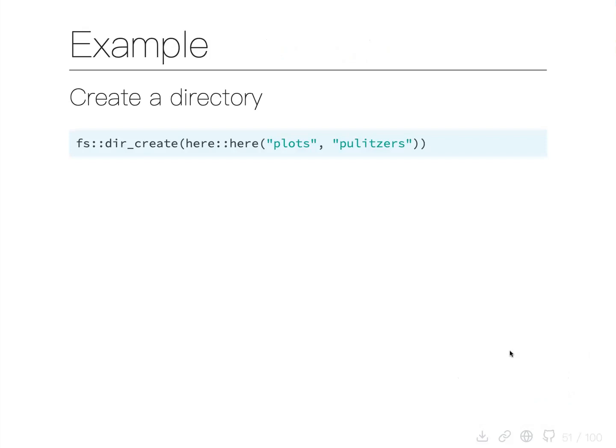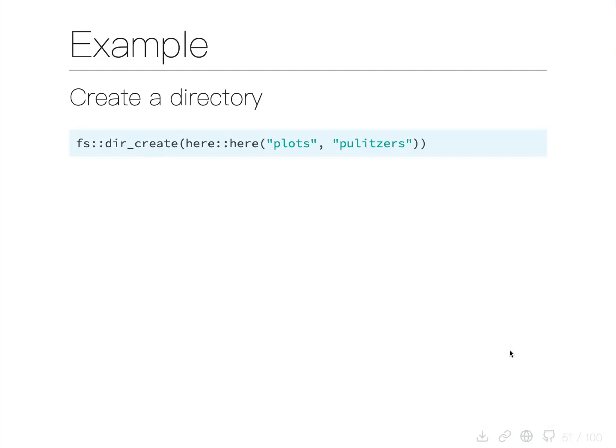Okay, I'm using fs in this case, but you could use the base functions if you wanted. So I'm using dir_create. The base function is dir.create. Okay, .create instead of _create. And then I'm creating a path.